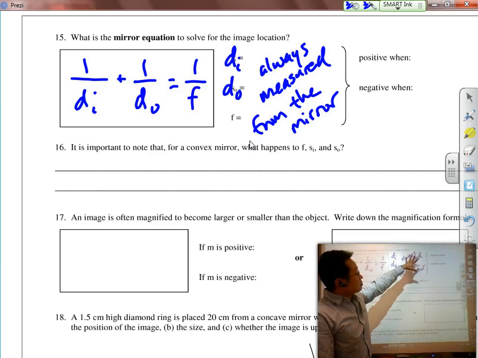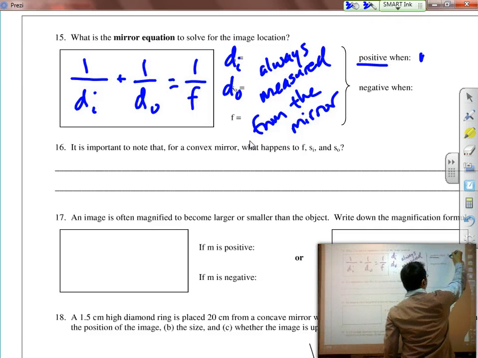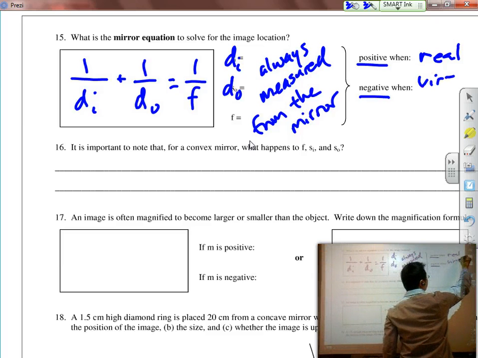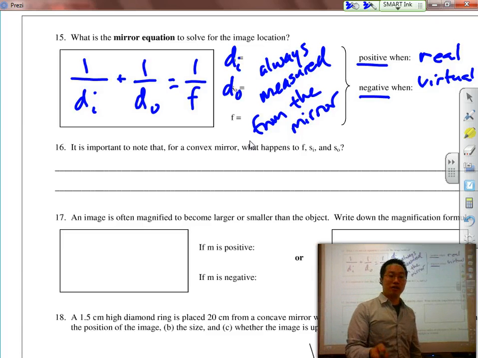Now, it's positive when it's going to be real, and negative when it's going to be virtual. That applies to all of them: the object, the image, and the focal point.